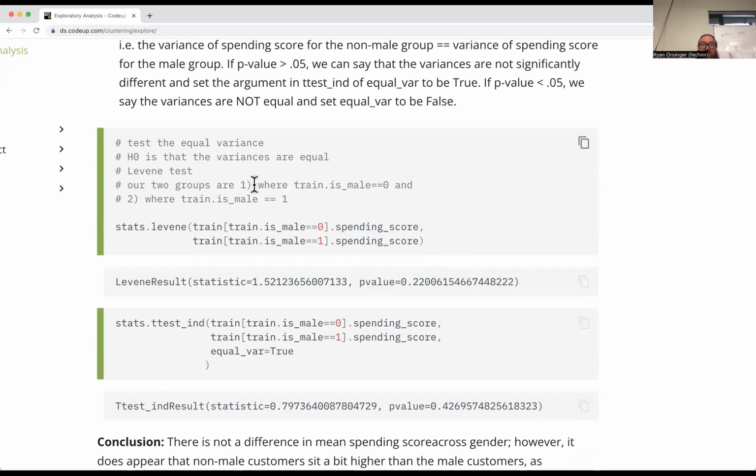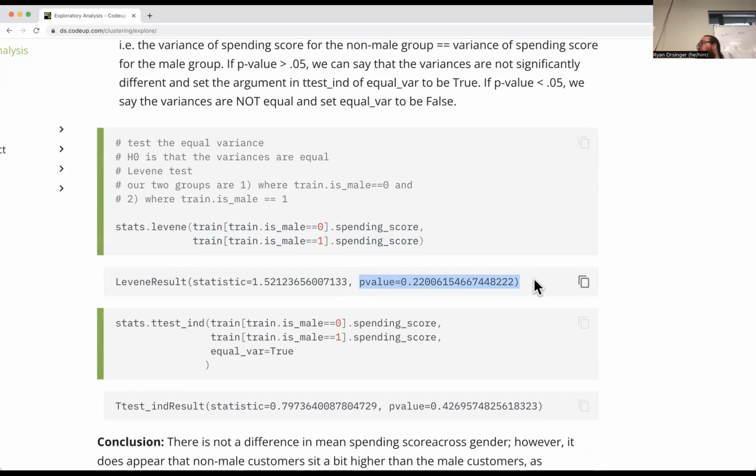So pulling in the non-male spending score and the male spending score gives us two different series, and stats.levene takes in those two series. The null hypothesis on a Levene's test is that the variances of both populations are the same. We fail to reject the null hypothesis.